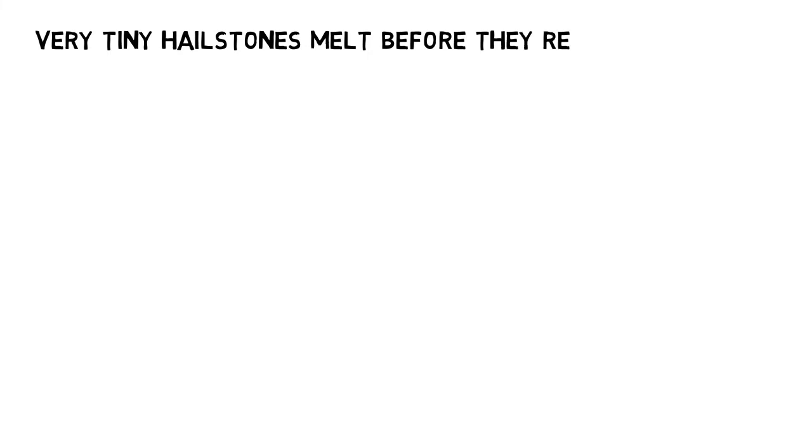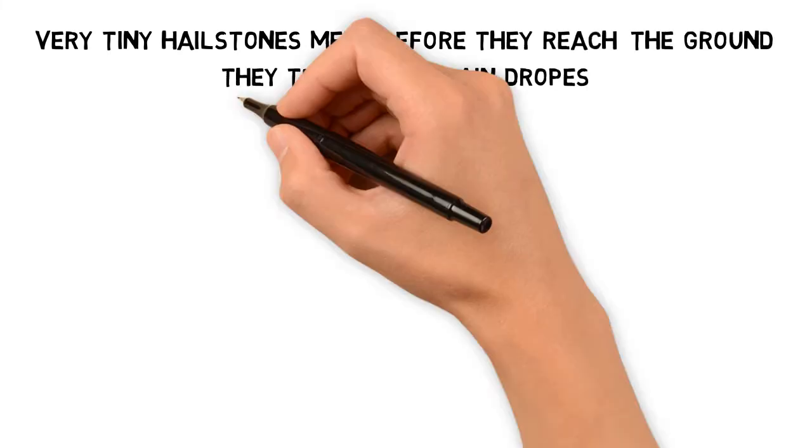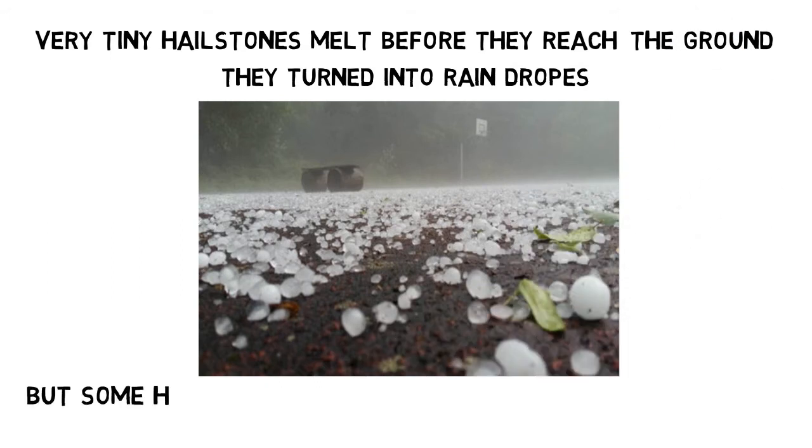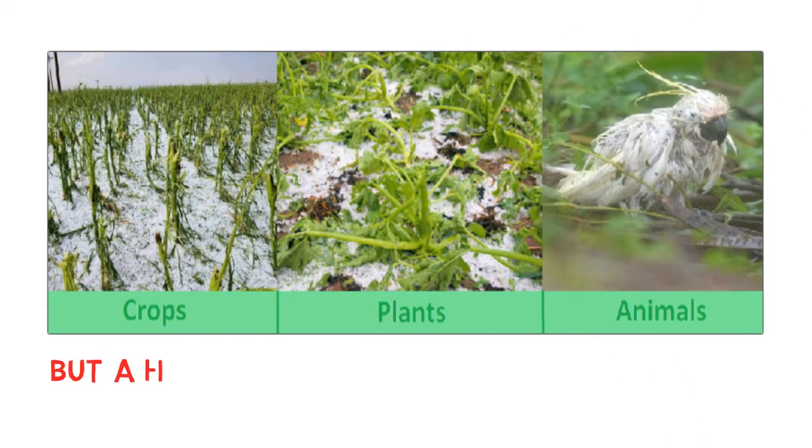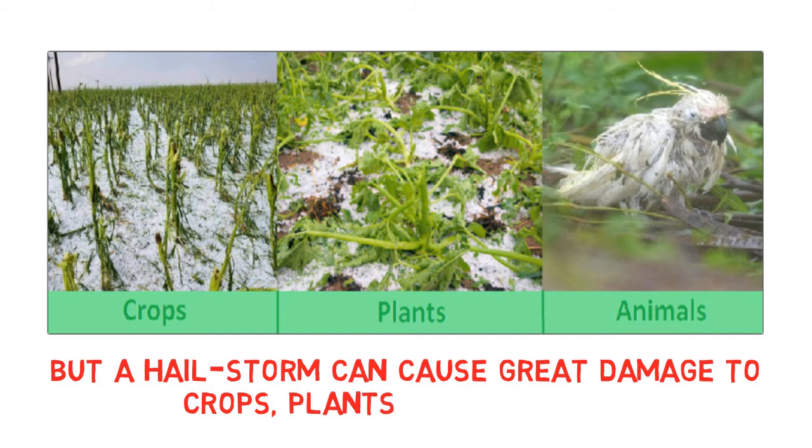Reading of the next para. Very tiny hailstones melt before they reach the ground. They turn into raindrops. But some hailstones reach the ground before they melt. A large shower of hailstones can be great fun, but a hailstone can cause great damage to crops, plants, and animals.